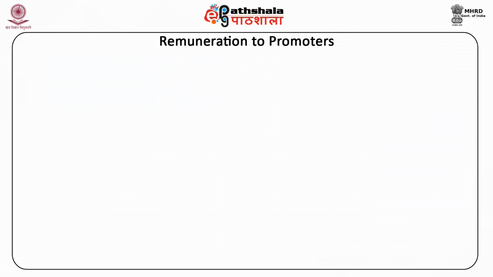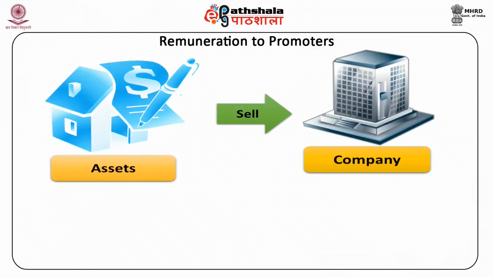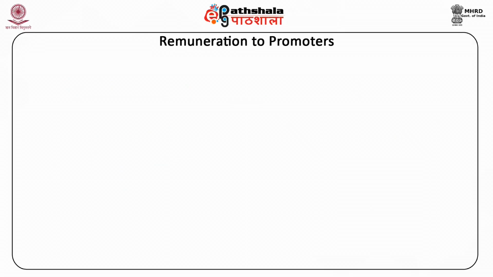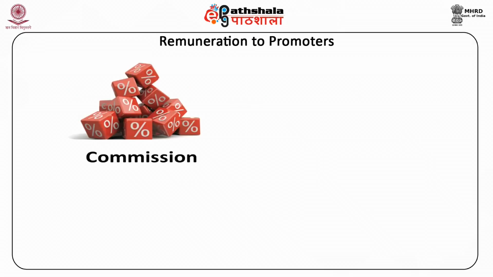The promoter may be remunerated in any of the following ways. Number 1. Promoter may sell his own asset to the company for a profit, for cash or shares in the company. 2. He may be given commission on the purchase price of the business taken over by the company. And 3.